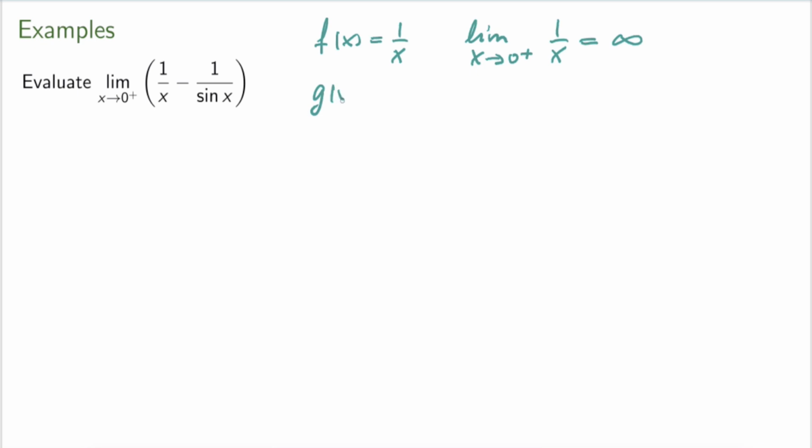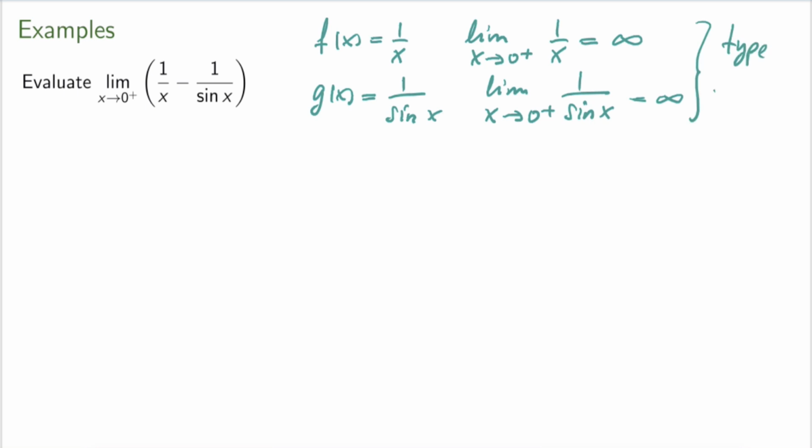The other function would be 1 over sine x, and then here the limit as x goes to 0 from the right of 1 over sine of x. Remember, sine is 0, so this also goes to infinity. So then this is of the type infinity minus infinity.